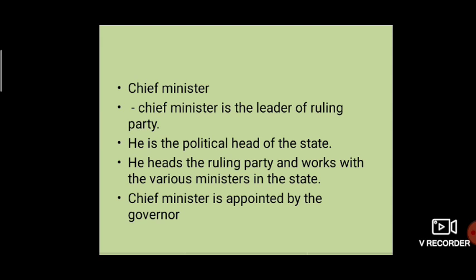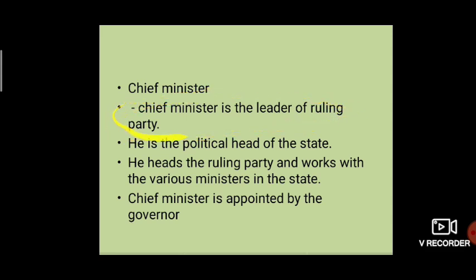Next is the chief minister. Chief minister is the leader of the ruling party. He is the political head of the state. Governor is the head of the state and chief minister is the political head of the state. We already did how an MLA becomes a chief minister.